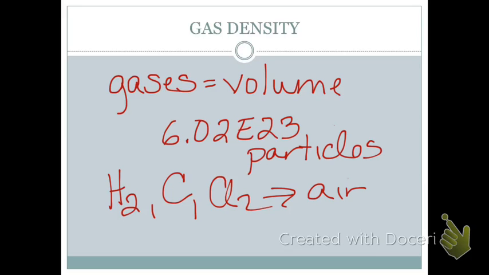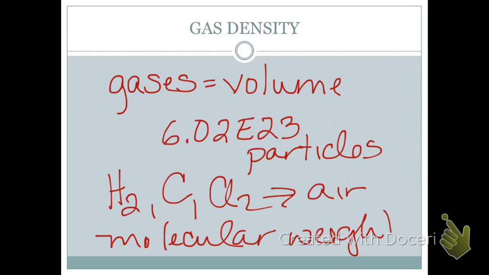So these things vary depending on molecular weight or the mass of that. So two things when we look at the gas density. We're looking at the amount of gas particles, and we're looking at the molecular weight or the mass formula of these particles.